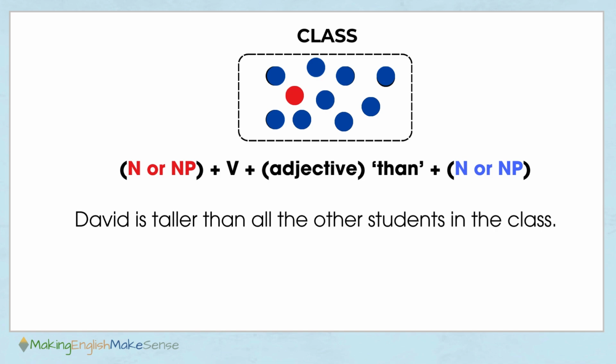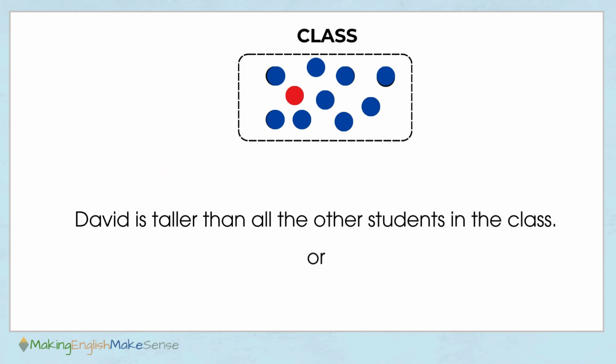David is taller than all the other students in the class. And a superlative construction like David is the tallest student is just another way of looking at a comparison of this subject noun to all the other members of a group. But unlike the comparative, it doesn't focus on difference, but rather on ranking.